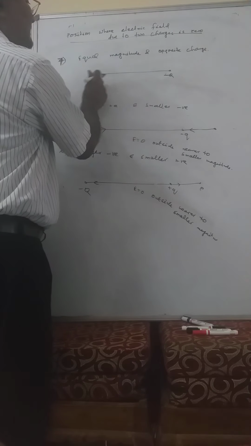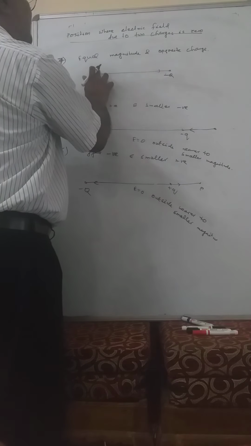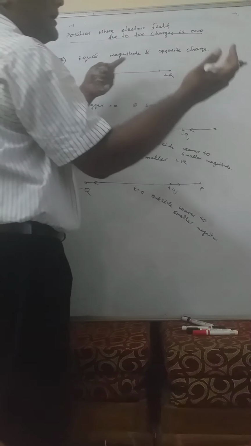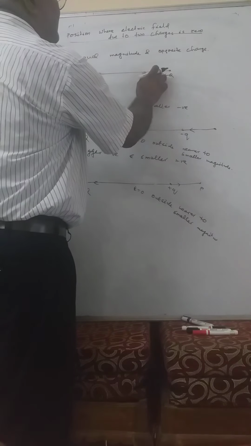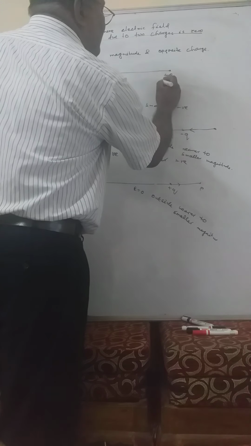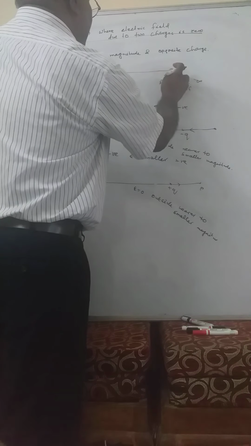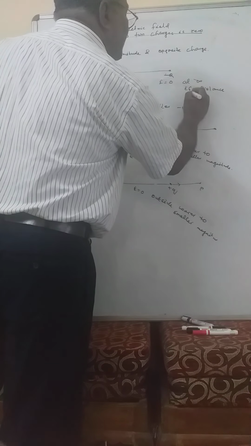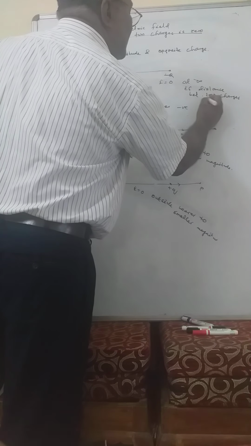Suppose you take inside, the directions will be the same, so it will add up and the field will not be zero. If you take outside, this value will be bigger and this value will be smaller, so they cannot cancel each other's effect. So the zero field will not be there at finite distance. The field will be zero at infinity, if the distance between the two charges is very small.